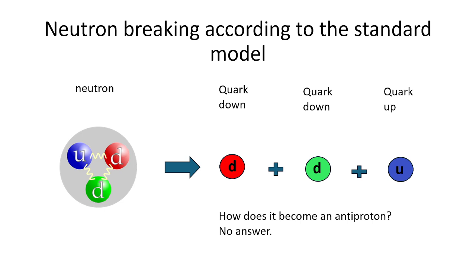No answer. We don't know how. No model gives the mechanism why the neutron can become an AntiProton.